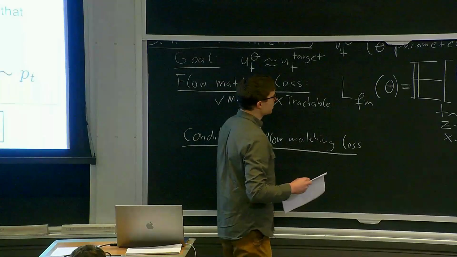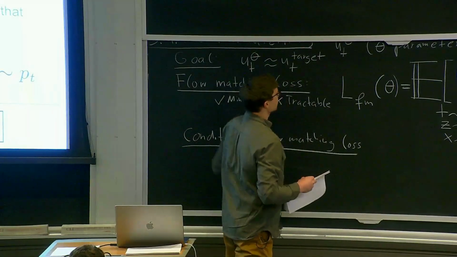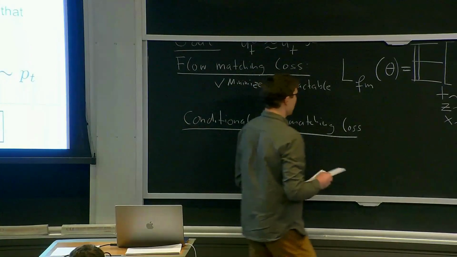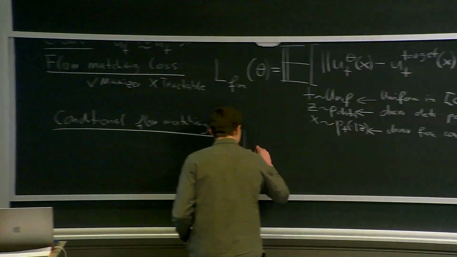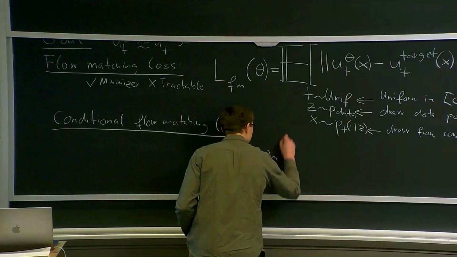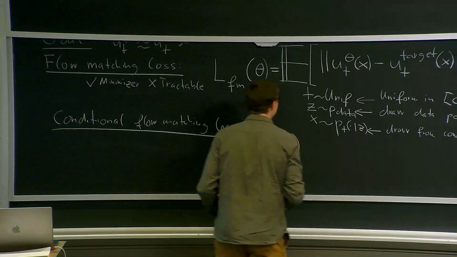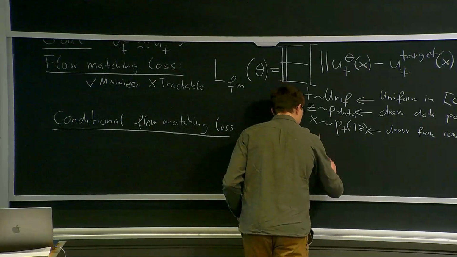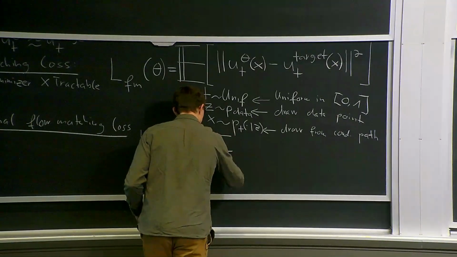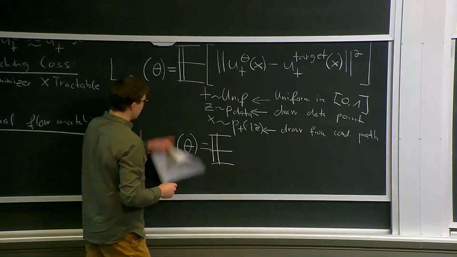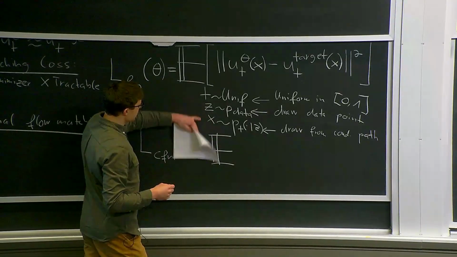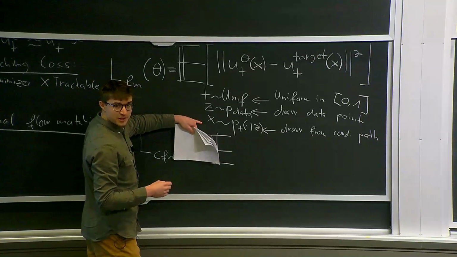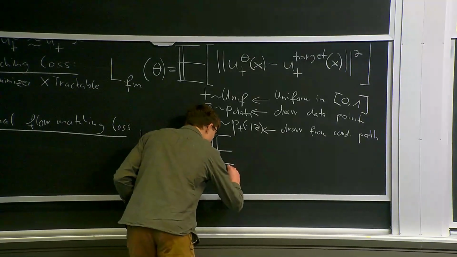We have a loss in theta, the parameters of the neural network, and we have an expected value. And I'm going to now write just t, z, x, meaning I'm sampling them in the same way as here. So I'm going to drop some notation.